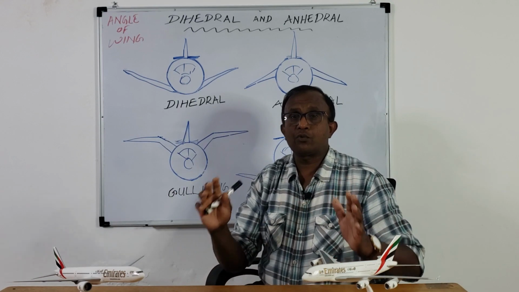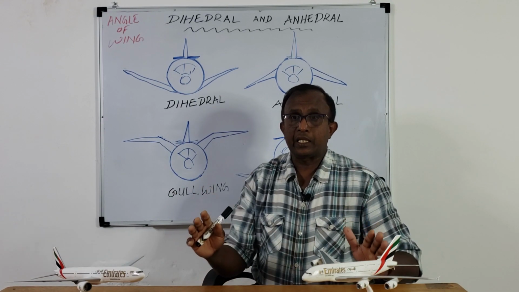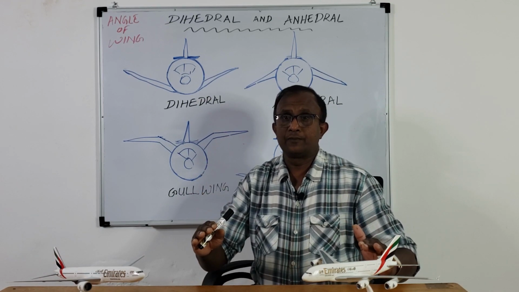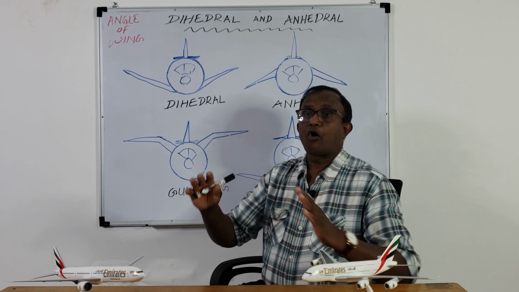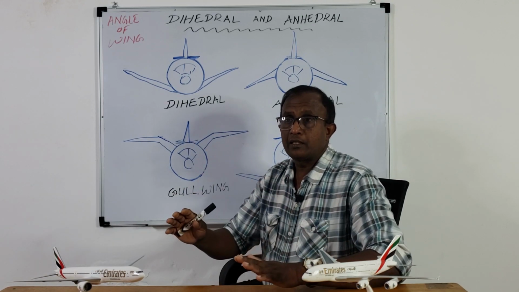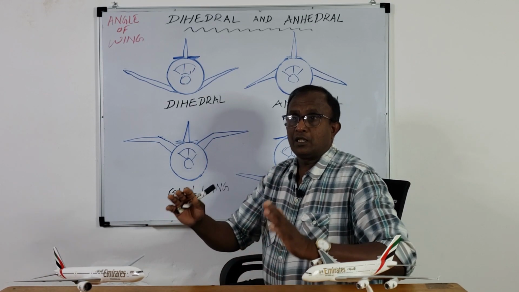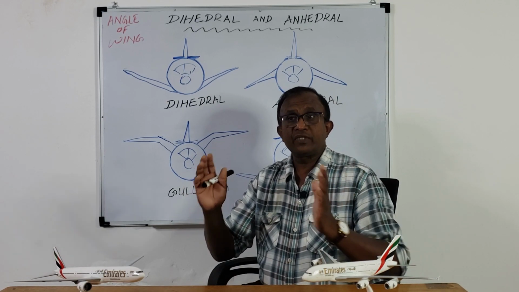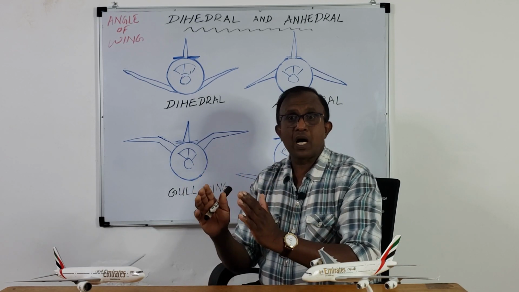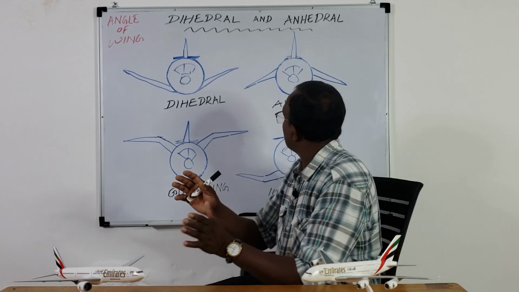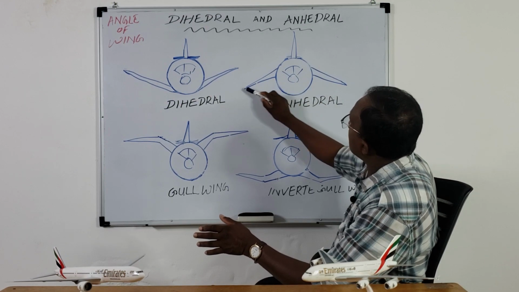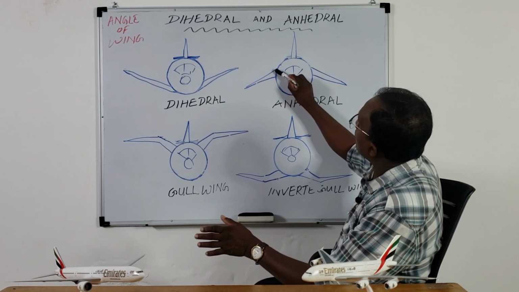Okay, the second one is anhedral. The tips are lower than the root, just like opposite of dihedral, used to reduce stability where some other features result in too much stability. So this is the fuselage, this is the wing tip and this is the root.